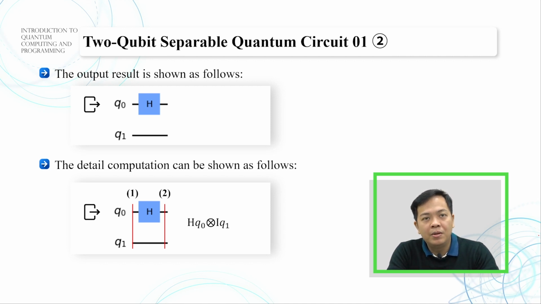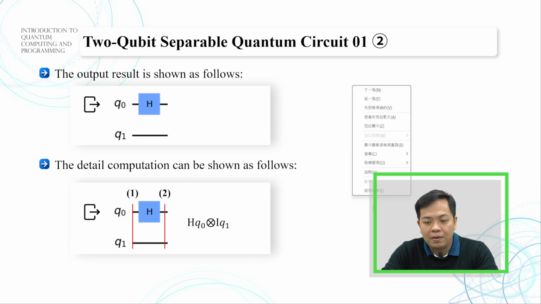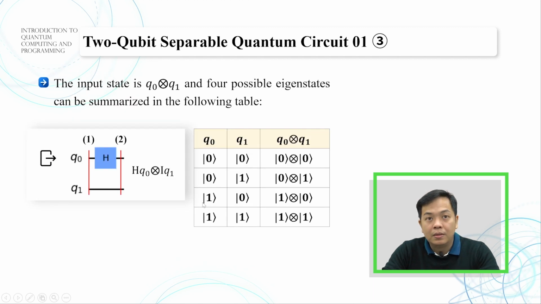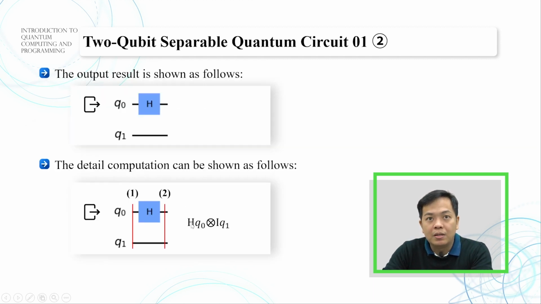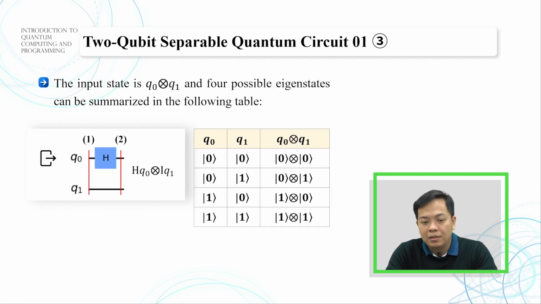First, remember we can compute the data for the quantum part based on the inserted Hadamard. For this first part, we can calculate the tensor product: Hadamard on Q0, tensor the identity matrix on Q1.